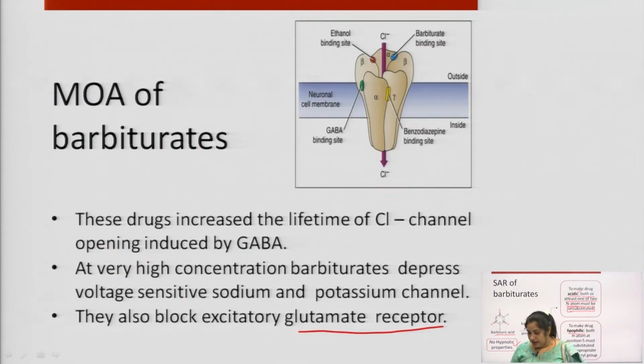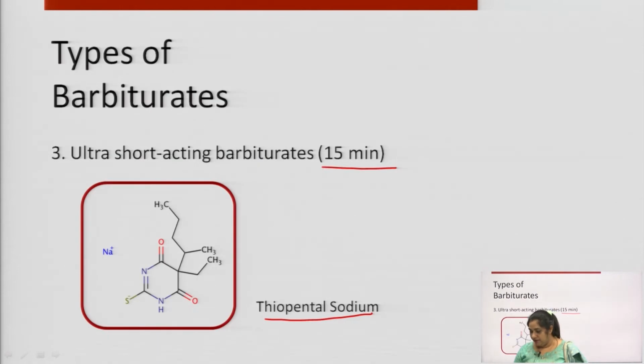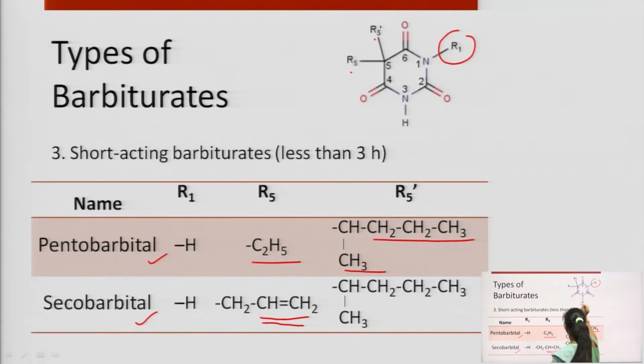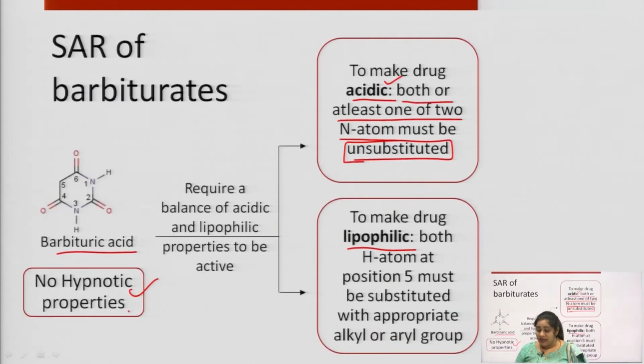We have two nitrogen atoms, position number 1 and position number 3. Either both remain unsubstituted or at least one nitrogen remains unsubstituted to possess the acidic character that is required for the hypnotic activity.